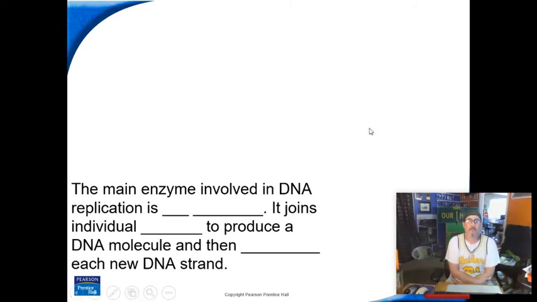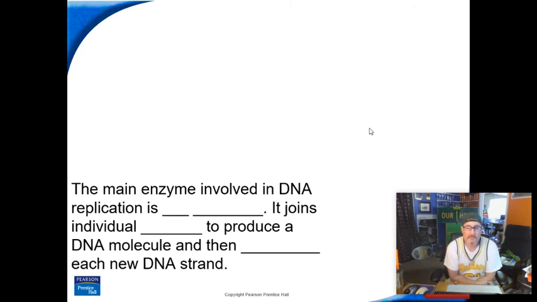Okay, the main enzyme involved in DNA replication, what do we call that enzyme? It joins individual nucleotides to produce a DNA molecule, and then it does what to each new DNA strand? You might want to take a look at number 33 and 34. Yep, DNA polymerase.